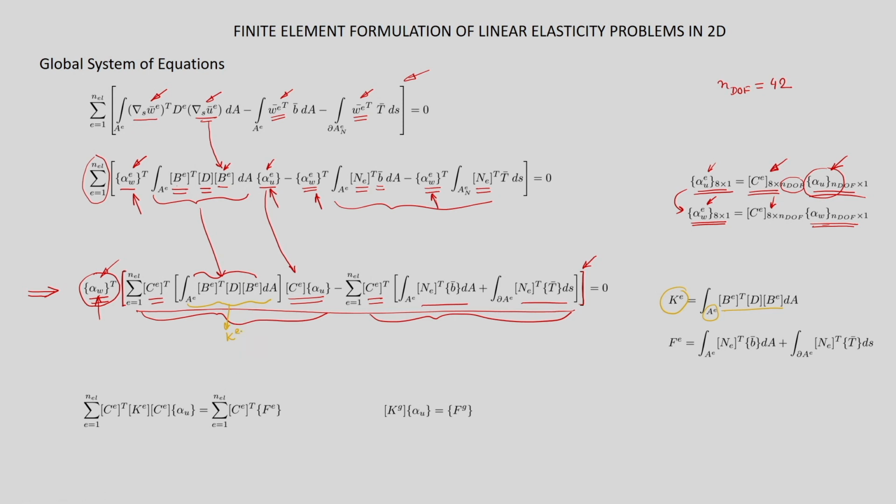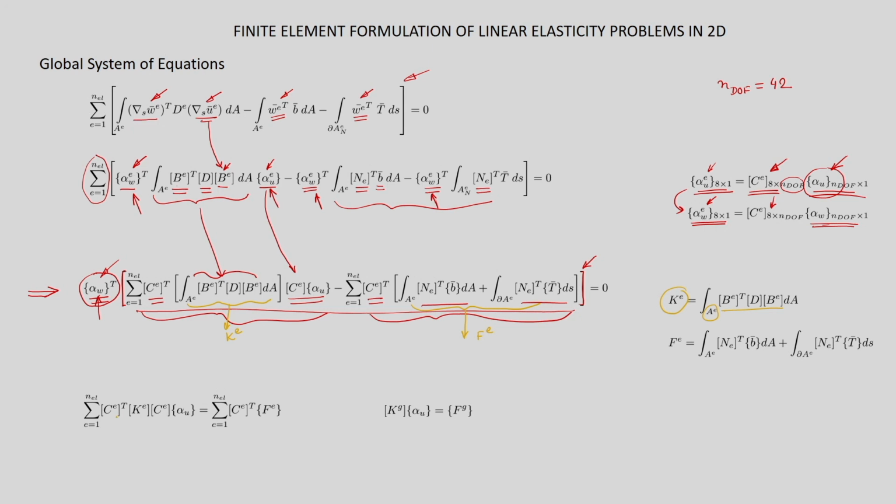So, we are using a superscript E, and these two terms we are integrating, we are defining as Fe. So, what we are getting finally, because the term in the square bracket is equal to 0, is that the first term in the square bracket is equal to the second term. B transpose dB integral over the element we are terming as Ke, and N transpose B and N transpose T integral over the element and the boundary respectively we are terming as Fe.